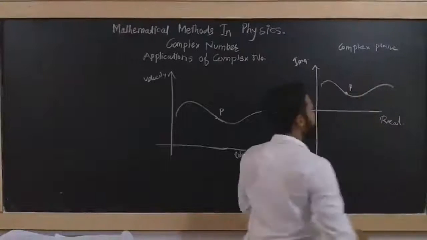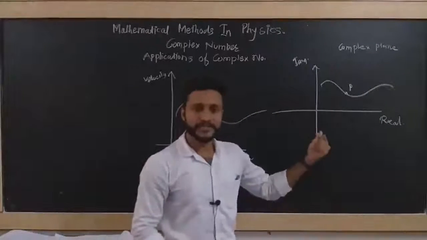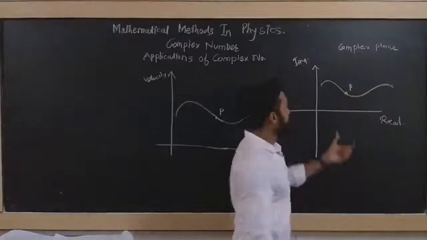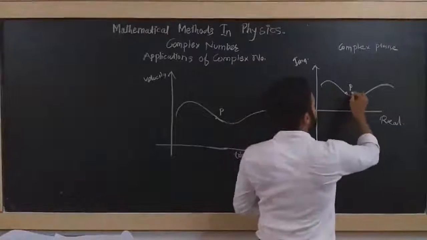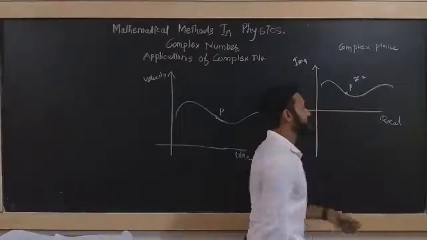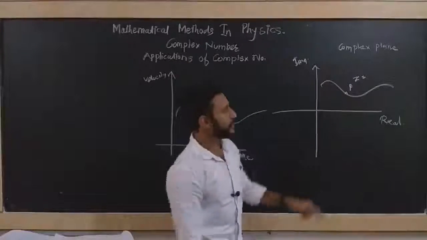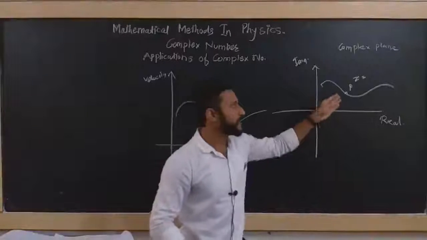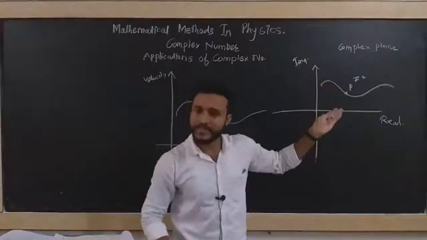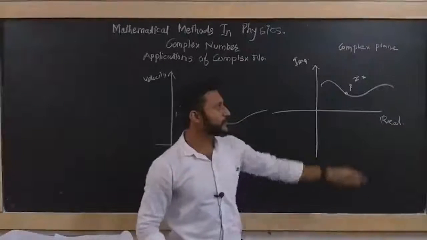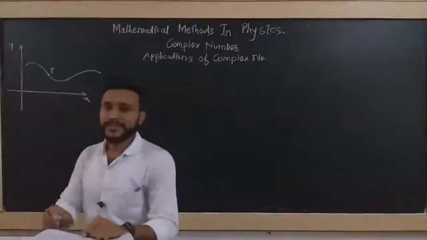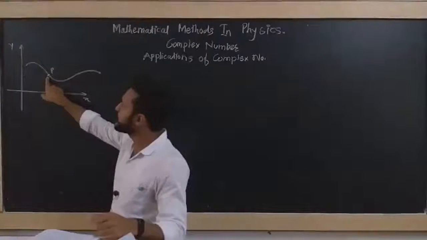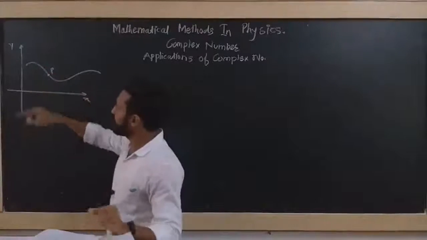The point P is the position of the object which is moving along the curve, and P is a point in the complex plane which represents the complex number z. So we can find the exact location of the particle, our car or object, whatever it is, moving along the curve in a complex plane.